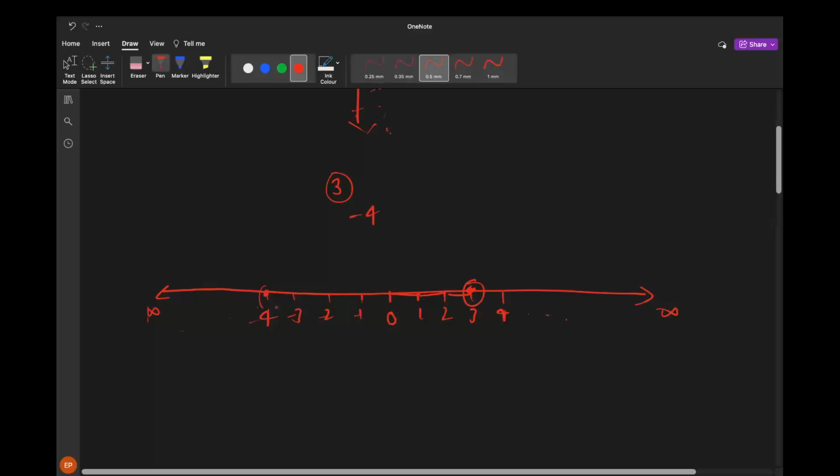This is the -4. The distance from 0 to 2 and 0 to -2 will be the same. This is 2 distance. This is also 2 distance, right? So from 0 onwards, if you consider 4, this is 4 distance. 1, 2, 3, 4. If you take -4, it is also 4. 1, 2, 3, 4. Distance is 4, right?